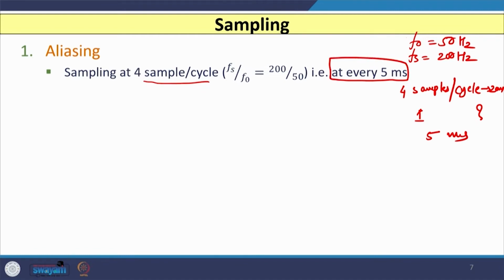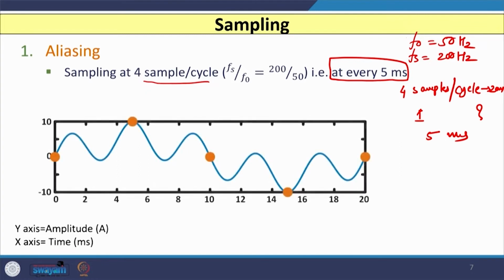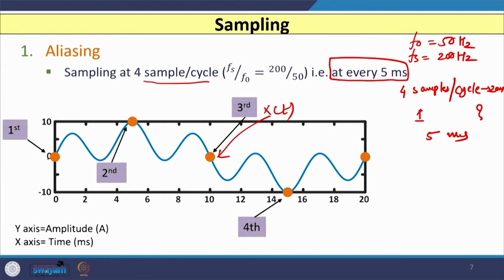The total samples we have to acquire are 4 in one cycle. This is our signal x(t), and if we acquire 4 samples at every 5 millisecond, then this is your first sample, this one. The second sample is acquired at 5 millisecond, the third at 10 millisecond and the fourth at 15 millisecond.